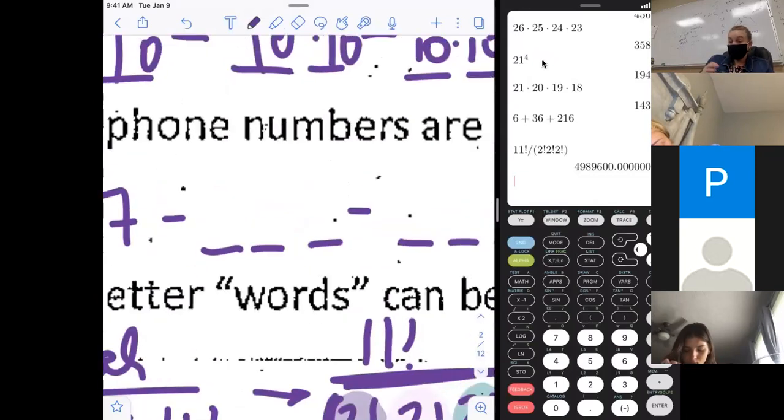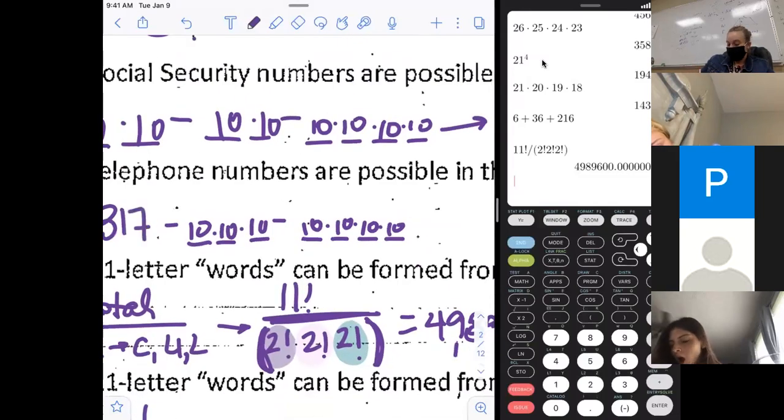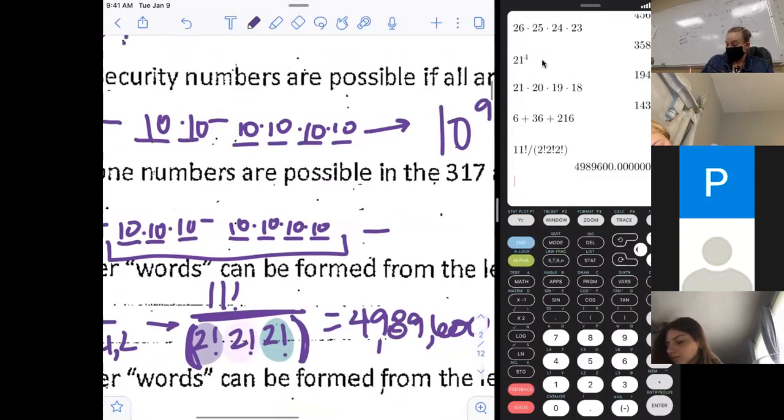So any digit can be used anywhere, and there are again 10 options, 10 options, 10 options. It didn't tell us anything about restrictions or repeats. So I have 7 spaces, and they all have 10 choices. So I can think of that as 10 to the 7th, because there's 10 options and 7 spots: 10 times 10 times 10 times 10 times 10 times 10 times 10.